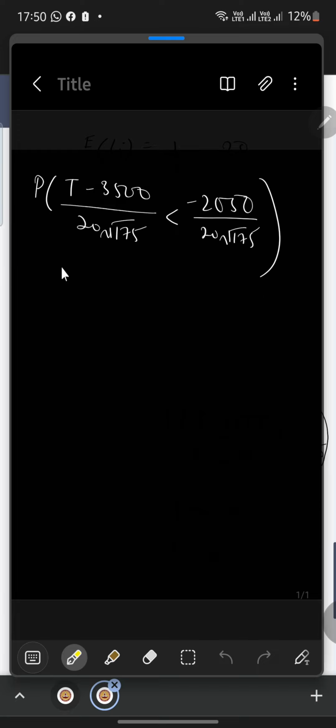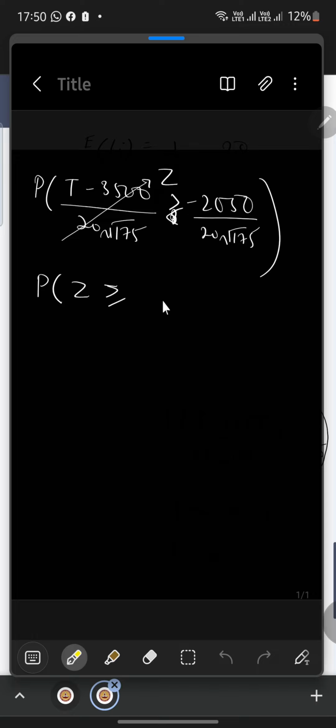Now we already know that this is Z because of the probability distribution, right? We need to find the value for greater than. So this would be greater than or equal to.